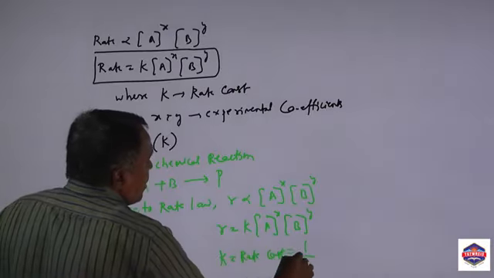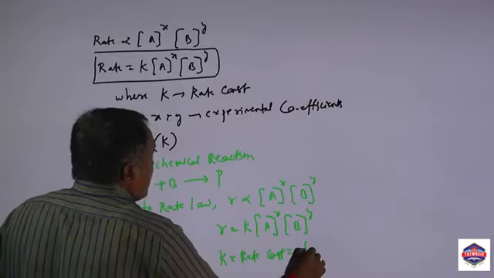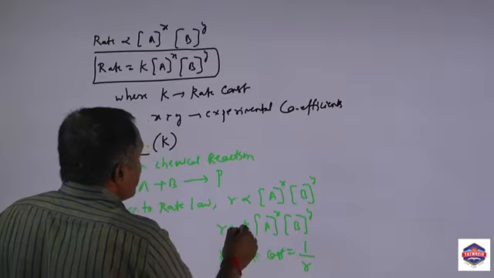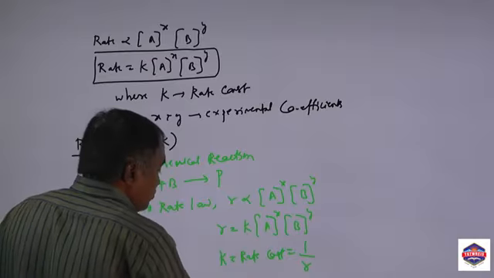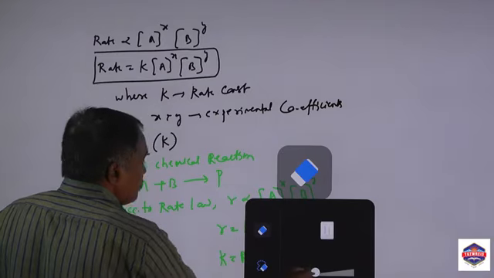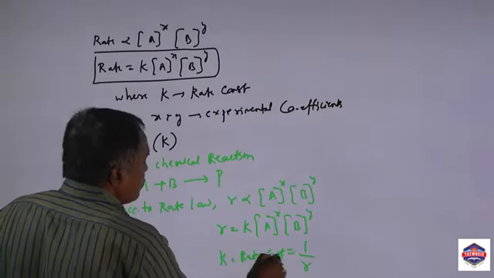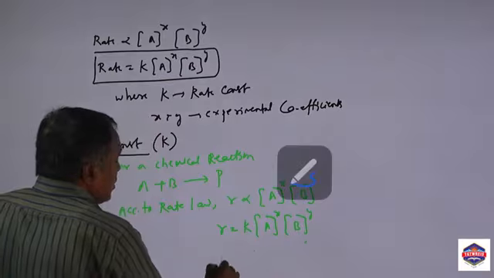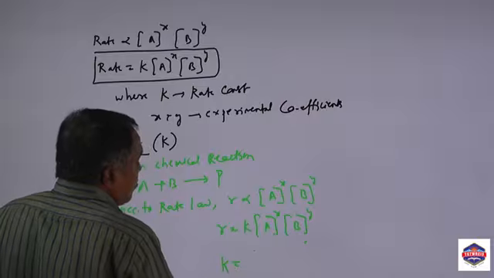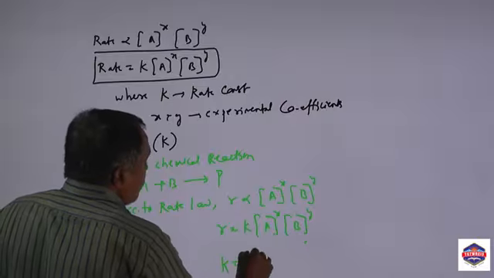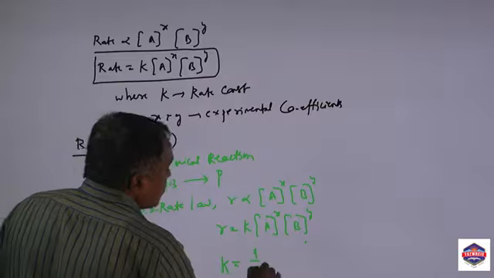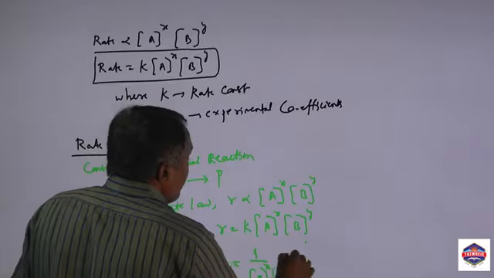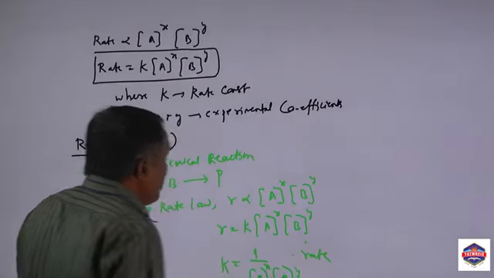It is equal to 1 by R. k is the rate constant, it is equal to 1 by [A]^x and [B]^y into rate by [A]^x into [B]^y.